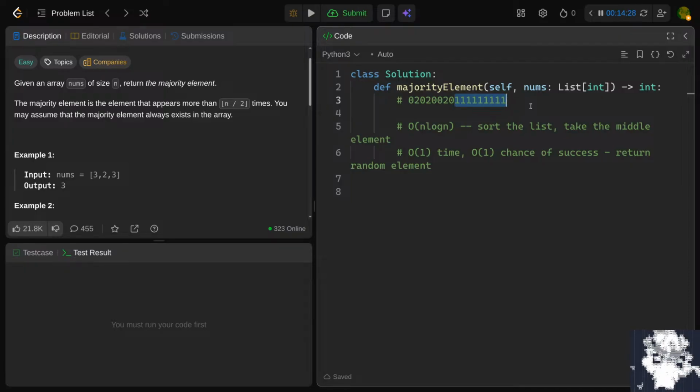Okay. Now I'm trying to think of, if I look at the list 3 things at a time. No, this isn't going to work because that's still counting.